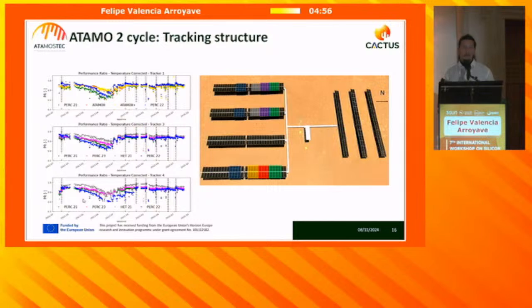Instead of having it flat during the night, we can put it at some angle and then take advantage of the humidity and the condensation to clean up all the plant. And as you can see, we were very lucky and we came with a nice result because self-cleaning got us back to the very top high performance ratio that we had.